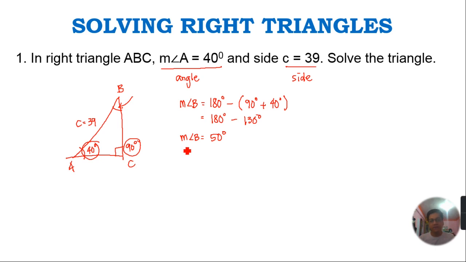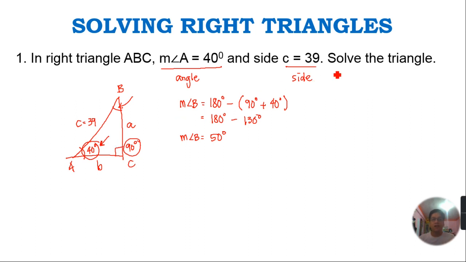Okay, now we need to solve for side A and side B. But take note that in your right triangle, we are provided already with the measurement of angle A, which is 40 degrees. Now, all we need to do is to choose a particular trigonometric ratio so that we can associate it with the missing side.